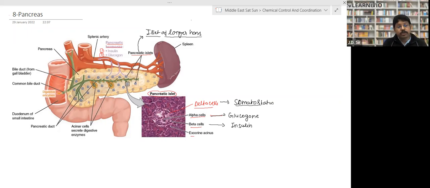Pancreas lies inferior to the stomach. Islets of Langerhans are named after their discoverer. These secrete the endocrine hormones.